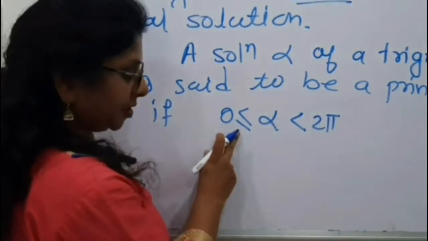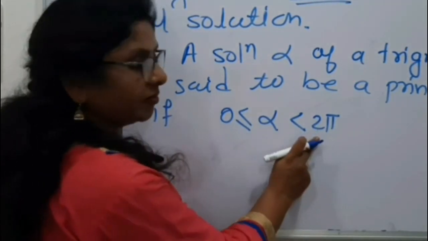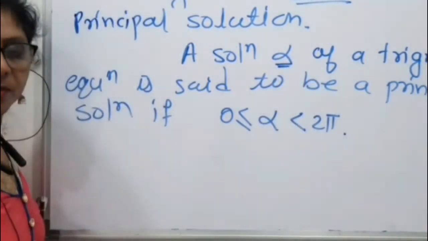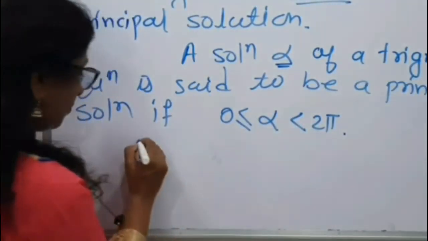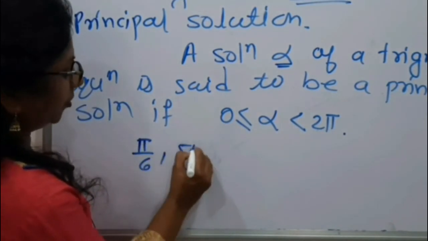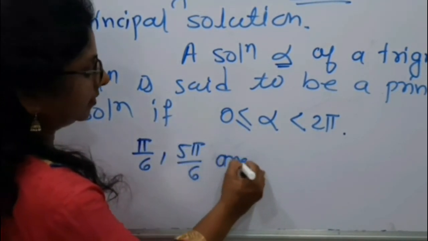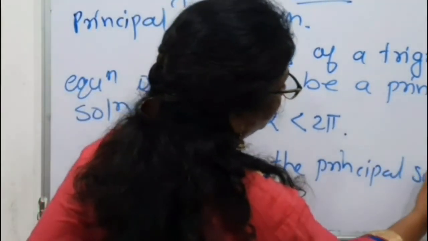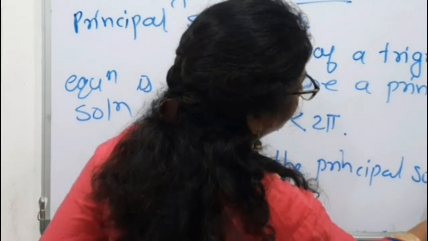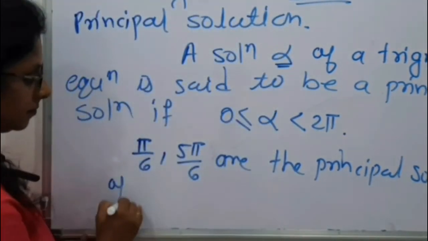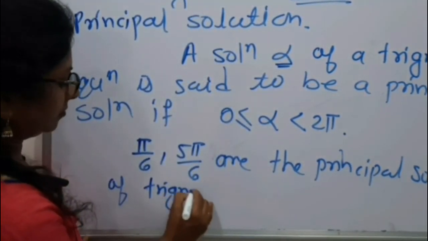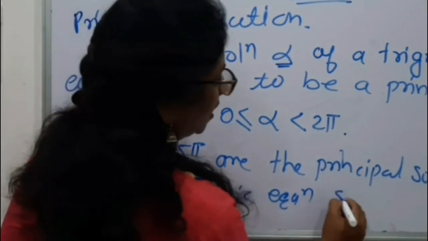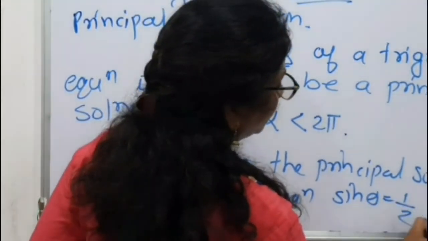It may be equal to 0, but it will not be equal to 2 pi. Then that alpha is called a principal solution. For example, we have seen pi by 6 and 5 pi by 6 are the principal solutions of the trigonometric equation sin theta equals half.